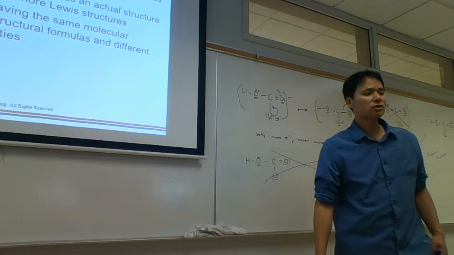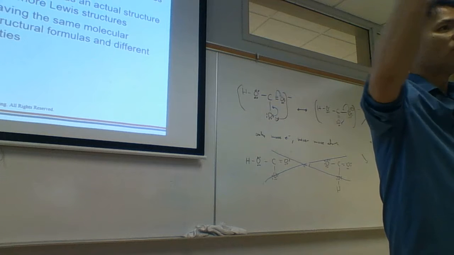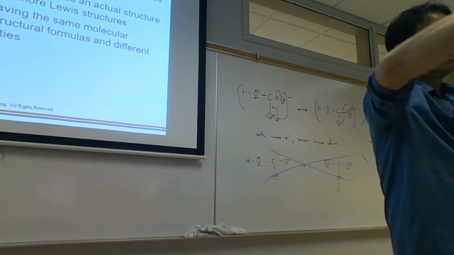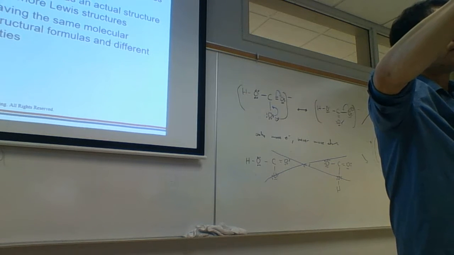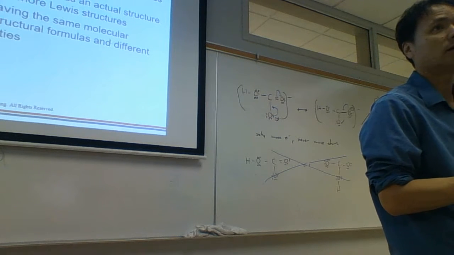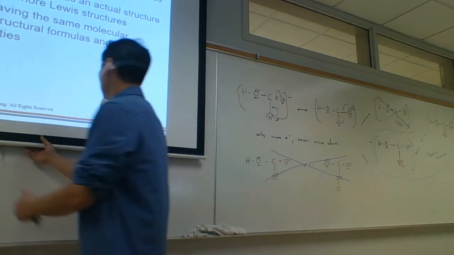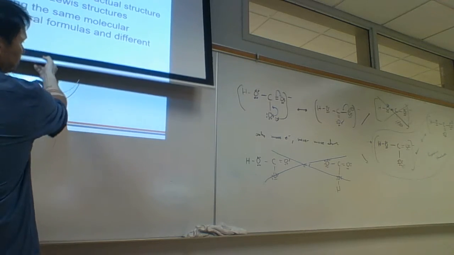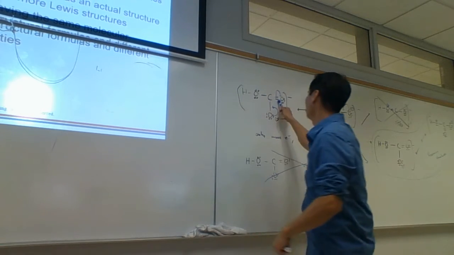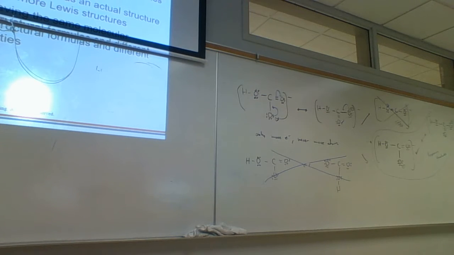Now, when I have delocalized electrons, I have to envision a cloud. If you have a fog cloud, is a fog cloud localized, or does a fog cloud delocalize and spread across the area? The fog cloud delocalizes and spreads across as much as it possibly can, right? And so one way of thinking about these resonance forms is, in this case, I have a double bond top right, single bond bottom. And so I can think of like a bathtub.